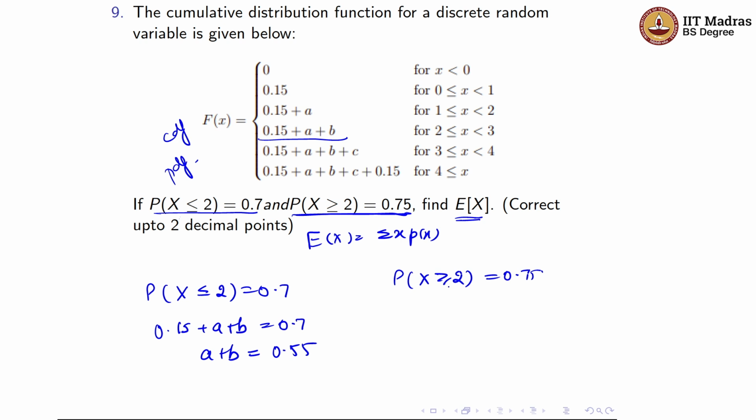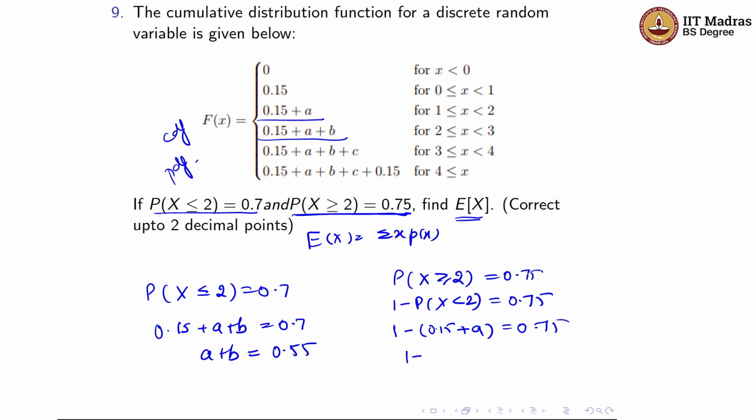Now let's take the equation, the probability of x greater than or equal to 2, which is 0.75. This can be written as 1 minus the probability of x less than 2, right? The probability of x less than 2 is 0.15 plus a, so 1 minus (0.15 plus a) equals 0.75.